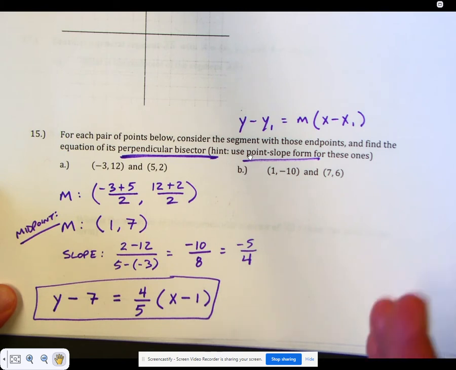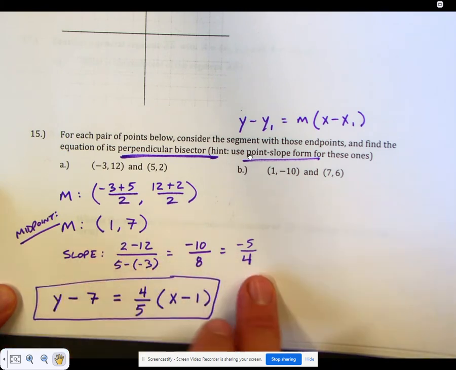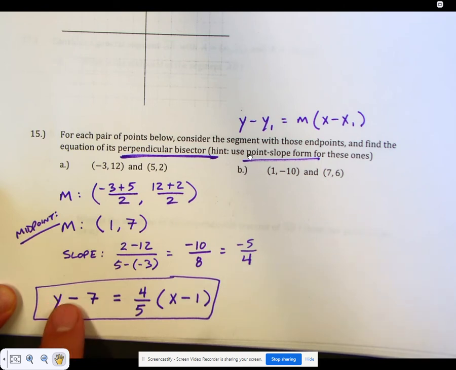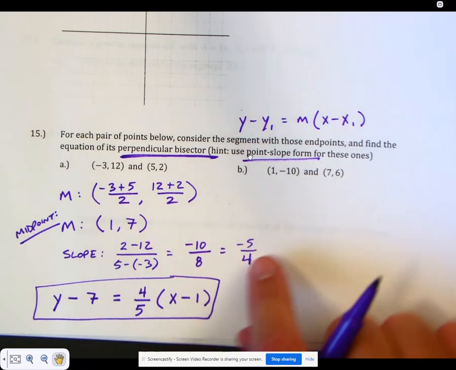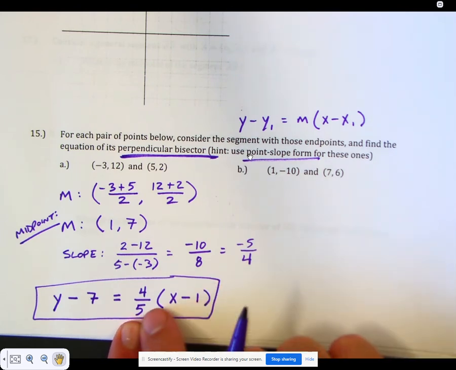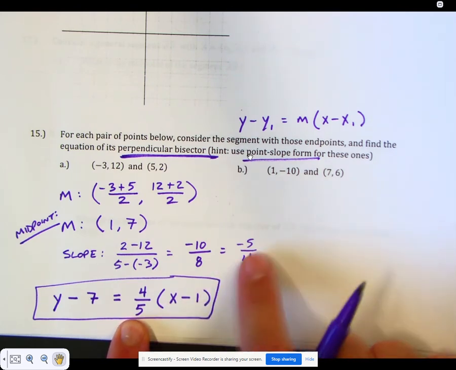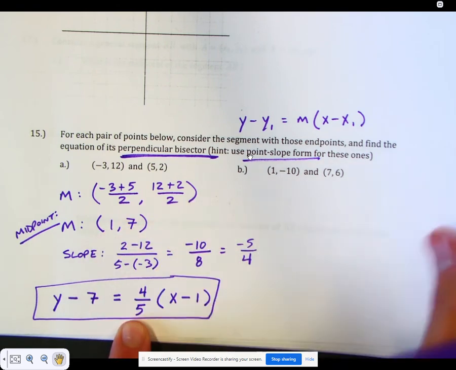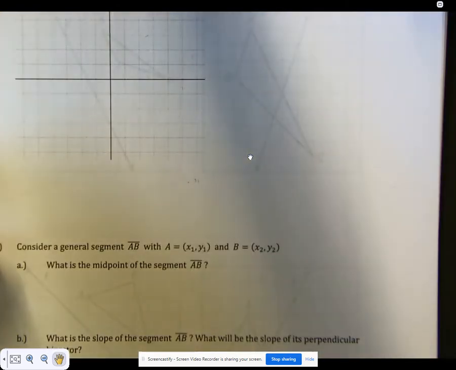Maybe use some graph paper if you're really stuck, but get the slope. And then when you use point slope form, you go y minus this y value equals the opposite reciprocal of your slope. Flip it over, make it opposite, and then x minus this x value from here. Okay? All right.